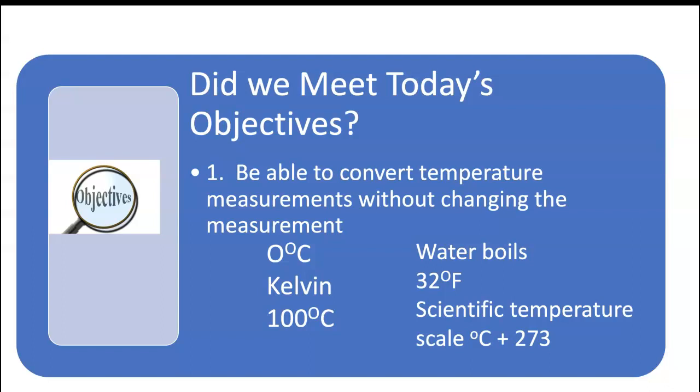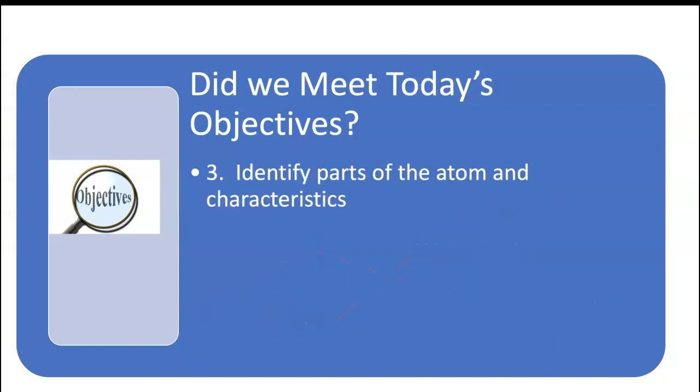Or 0 Celsius, Kelvin, and 100 degrees Celsius. Obviously, 0 Celsius is the same as 32 degrees Fahrenheit. That's the temperature water freezes. Kelvin is our scientific temperature scale. Degrees Celsius plus 273. And 100 degrees Celsius is where water boils.